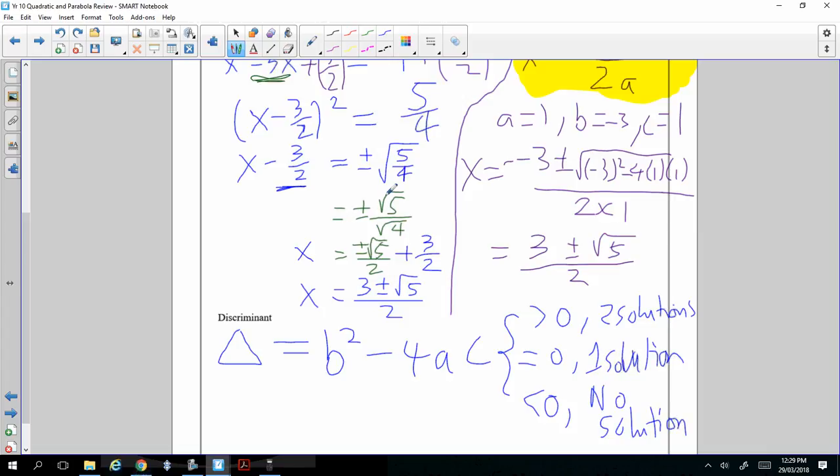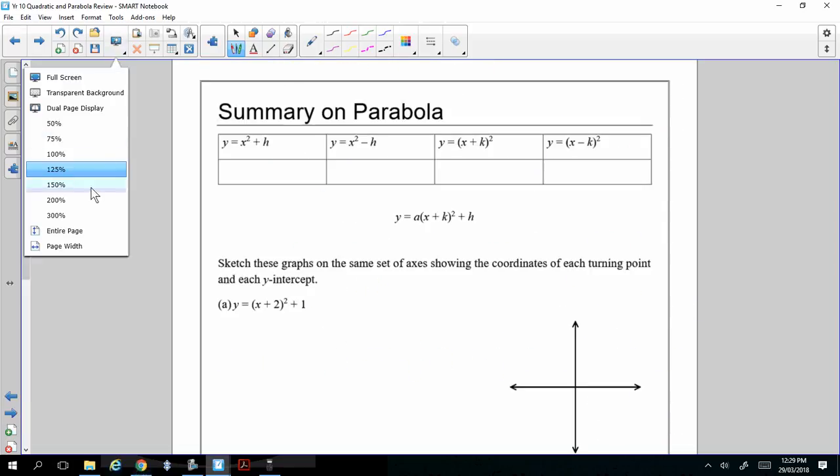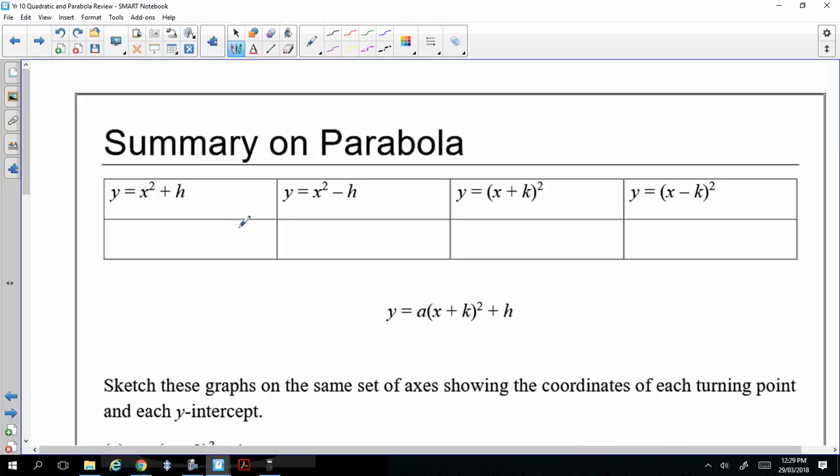Okay, parabolas. Hopefully you remember last year at the end of year 9, we did shifting parabolas. Shifting right, left, up, down. The plus h is up, h units. The minus means down, h units. And the plus k is the reverse, left, k units.